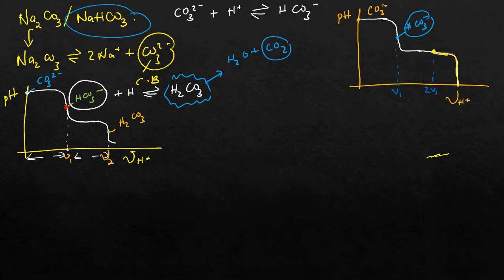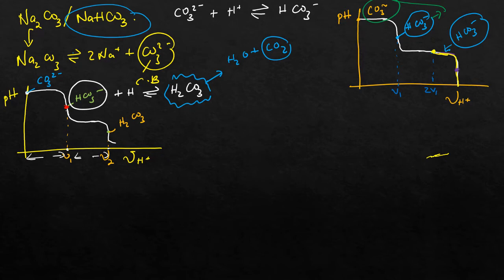So this extension will be as a result of the bicarbonate within the mixture. This is the bicarbonate that resulted from your sodium bicarbonate. So that is why you have the extension of your second equivalent point.